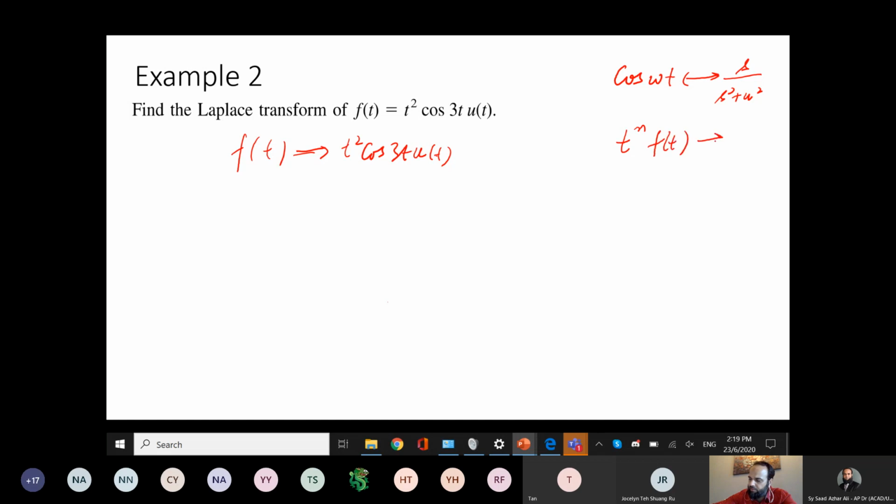F(t) will be -1 to the power n, d^n of F(s) upon ds^n. So nth derivative, so second derivative. If I want to find F(s) of this function, it will be equal to -1 to the power 2, and the second derivative of s over s squared plus 9.